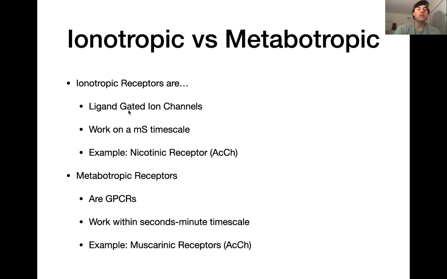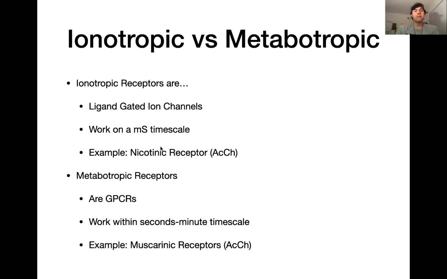Now, these ionotropic receptors are very quick. They work on a millisecond time scale, and a prime example of this is the nicotinic receptor, which acetylcholine binds to in places such as the neuromuscular junction, or even in the adrenal gland. So therefore, we're going to talk a lot about this nicotinic receptor in another video.